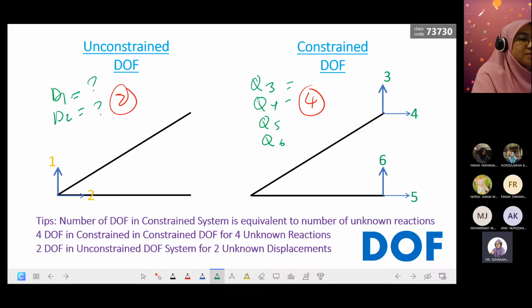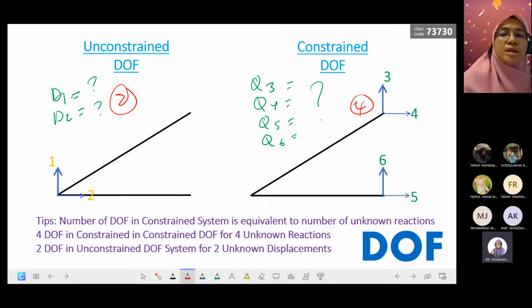Okay, all these are actually unknown reaction forces. 2 degrees of freedom in the unconstrained system represent D1 and D2, and 4 degrees of freedom in the constrained system represent 4 unknown reactions.